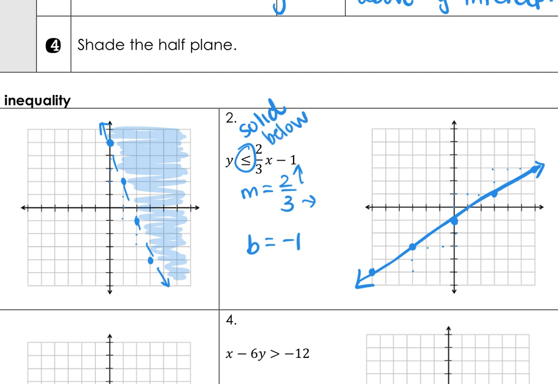So this area below the y-intercept is right here. We'd be shading this region of the grid, and this is where all of our solutions would be, including those on the line, because now the line is solid.